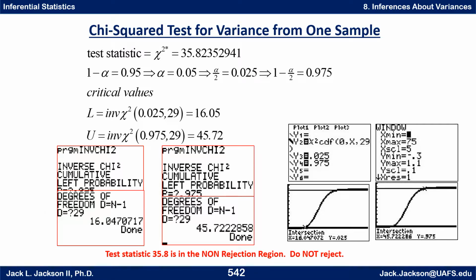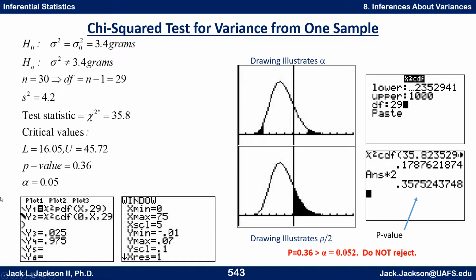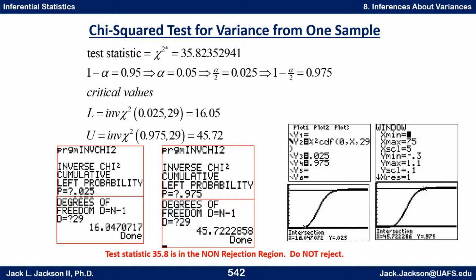Okay, if we wanted to do a critical value method, we need to do an inverse chi-square. So since we do have the inverse chi-square, we could find the critical values. If we're going to do a critical value method, we need to split the alpha into 2 tails, since this is a 2-tailed test.